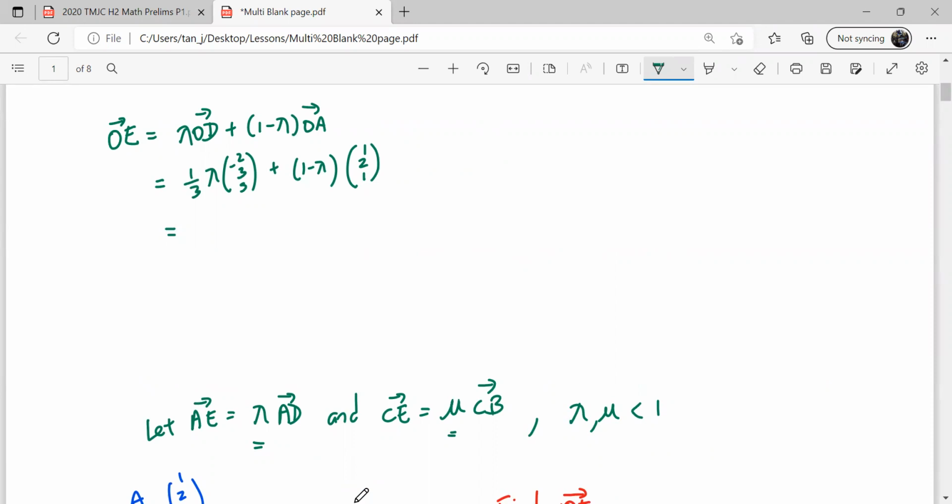Okay. So you get 1/3 minus 2 lambda plus 3 minus 3 lambda, 3 lambda plus 6 minus 6 lambda. Then this is 5 lambda plus 3 minus 3 lambda.